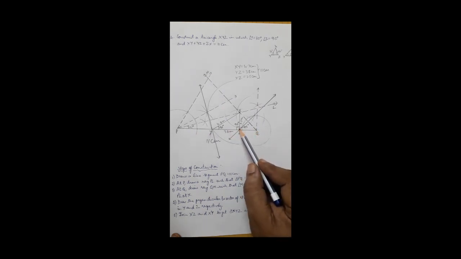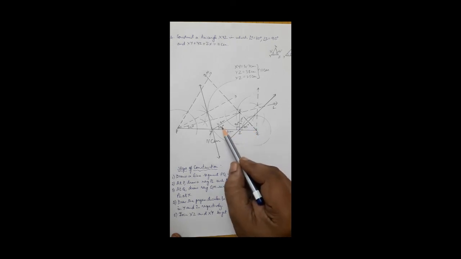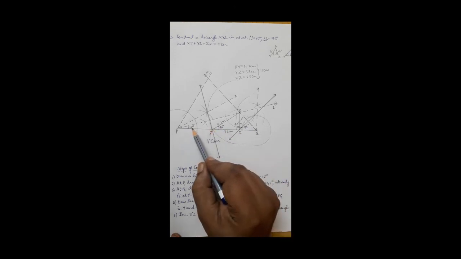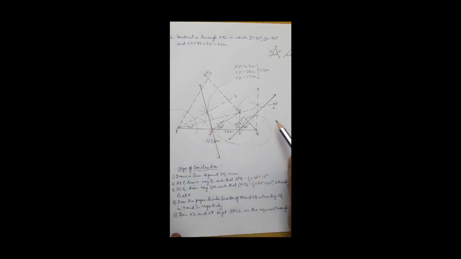Since we have 90 degrees for the triangle, we took half of it, which was 45, and over here, since this angle was 30 degrees, we took half of that as 15 degrees. To draw 45 degrees over here, we took 90 degrees first and bisected, so we got 45 degrees.